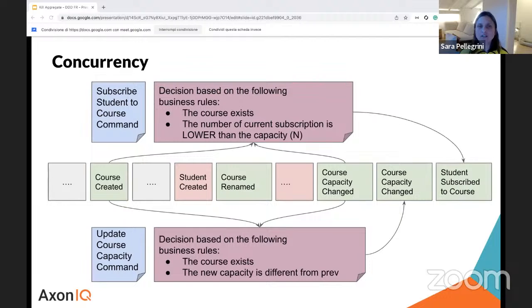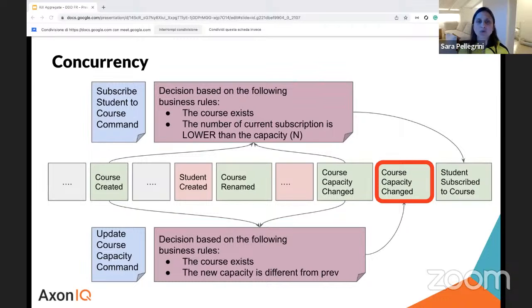A few milliseconds later, the other block publishes the subscription event. In this case, however, the capacity update emitted just a few milliseconds before could invalidate the choice made regarding the subscription. In fact, the last course capacity changed event was not considered when the first handler reconstructed its model. You could say that it is not part of the stream.